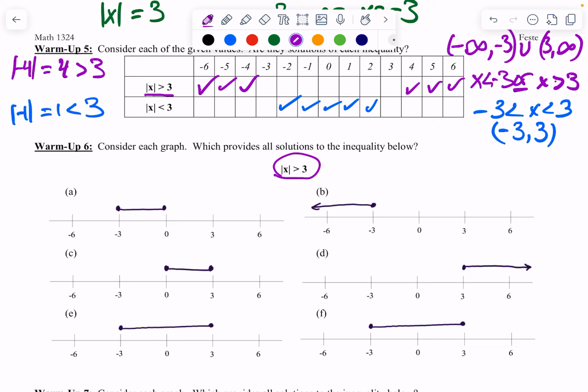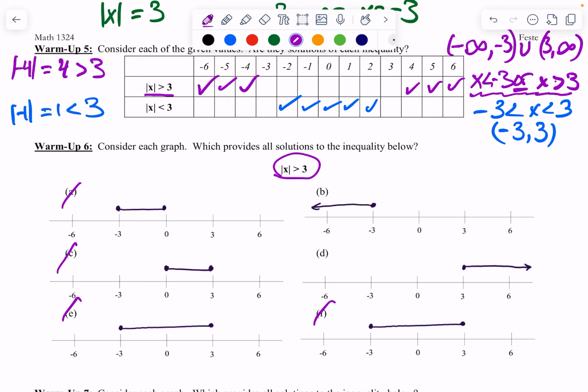Sorry, I got confused myself. So, which provides all solutions to the inequality below? What we did was x is less than -3 or x is greater than 3. So the ones that have the solid dots on both sides are not going to be our answers.